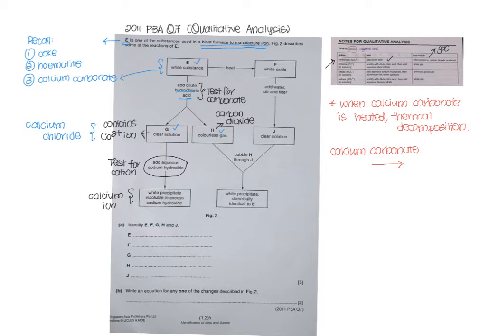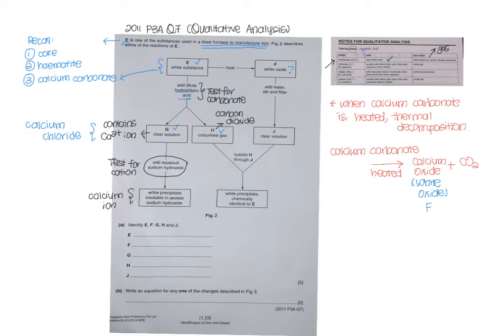When it's heated, it forms calcium oxide with a gas, and that would be carbon dioxide. So what could the identity of F be if it's a white oxide? Yes, you got it right. It would be calcium oxide.